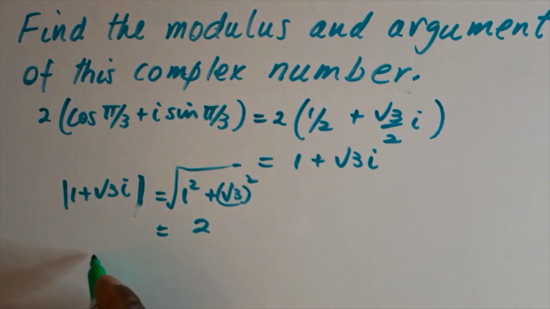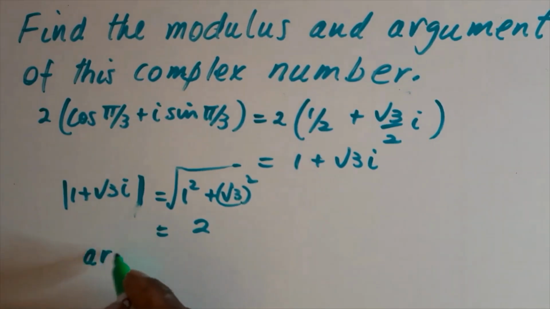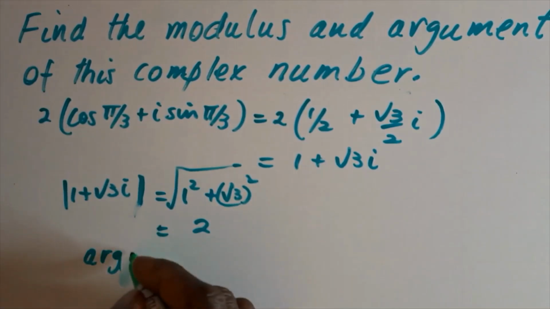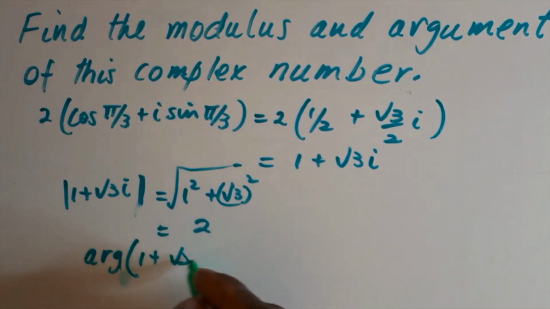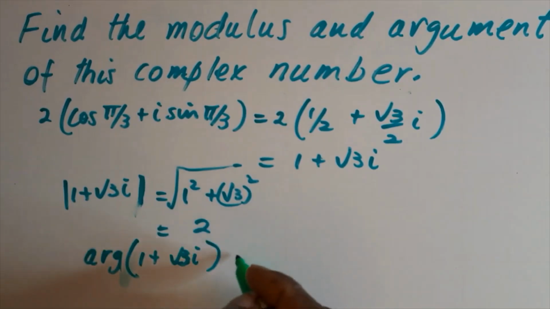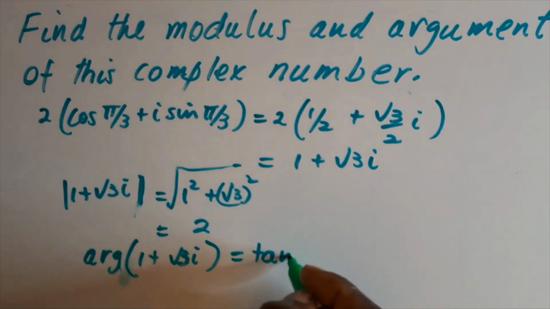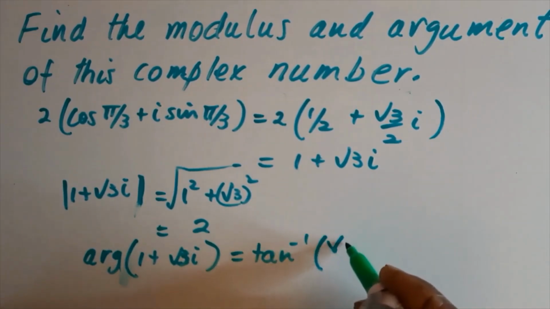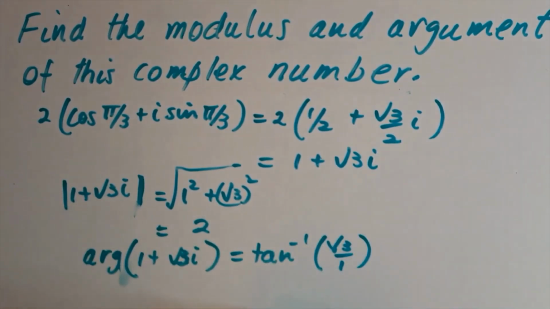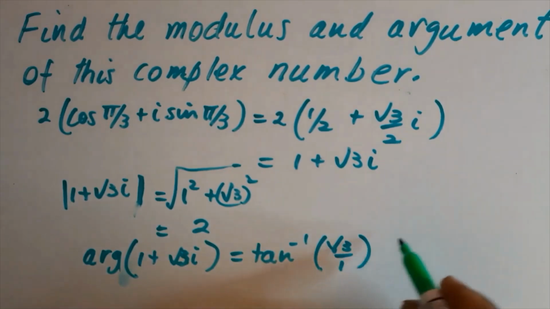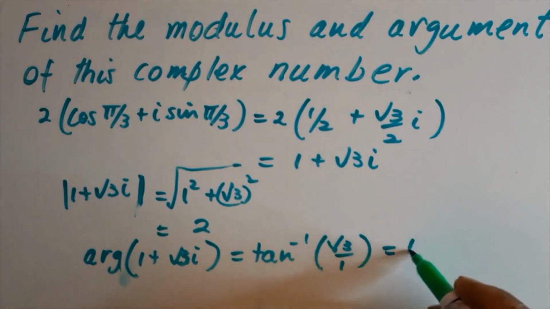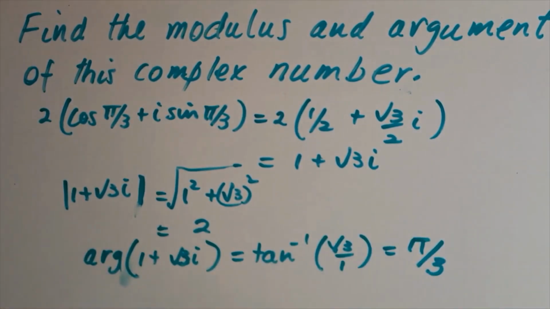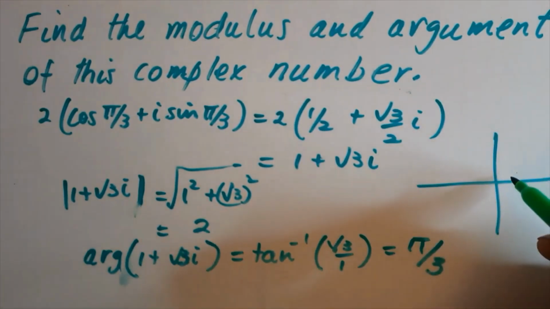The argument, the principal argument, arg of 1 + root 3 i is equal to tan inverse of root 3 over 1, which gives us pi over 3. This lies in the first quadrant.